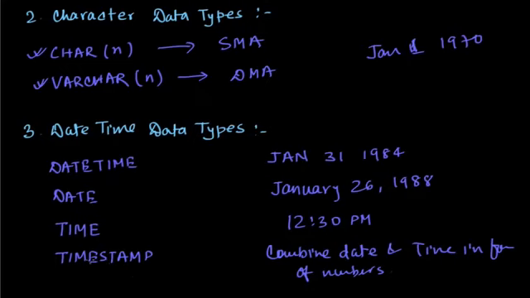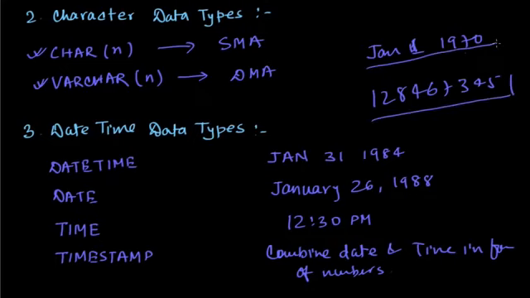When you see a timestamp value, it will be something like 128467345 stored. It is the number of seconds from January 1970. This reference value is called the Unix epoch, or starting point. From this reference you can determine what time it has stored. So that's how timestamp works.